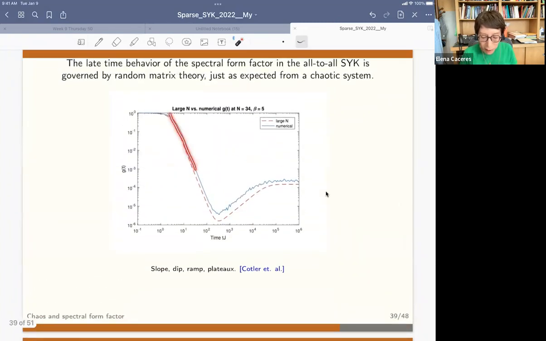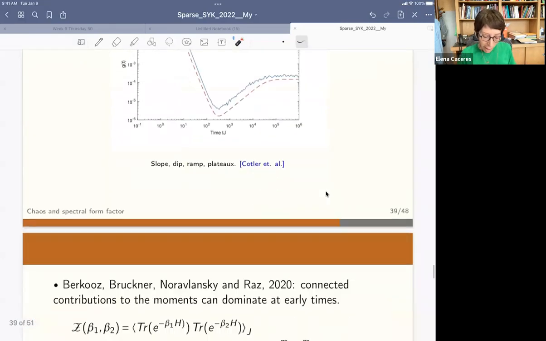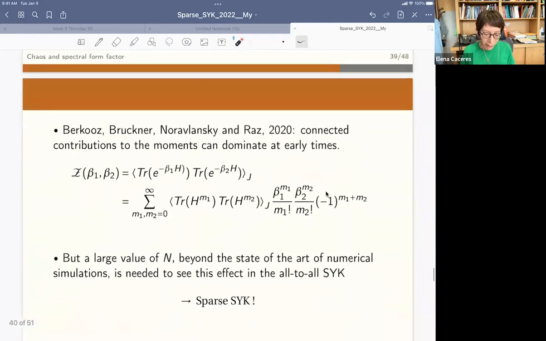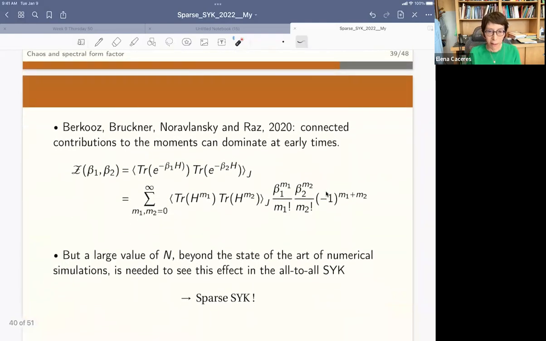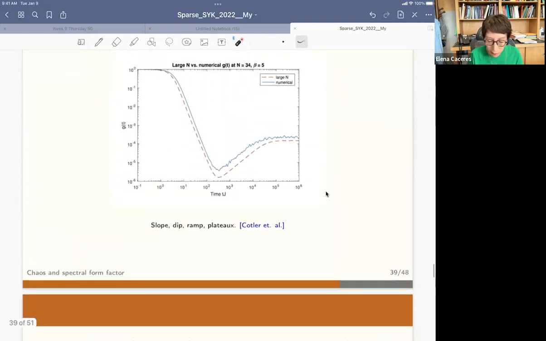It's not meant to be a property as universal as random matrix theory, but they did an analysis for the SYK and expanded in contributions to higher moments, and they showed that the connected part could dominate at early times. Normally the standard law is that all this is the disconnected part.